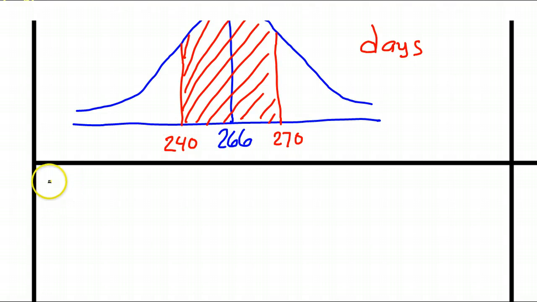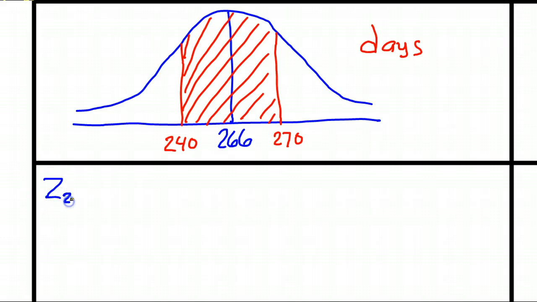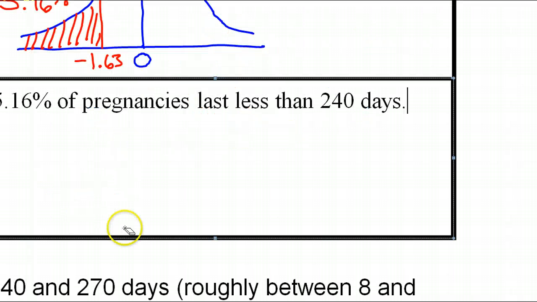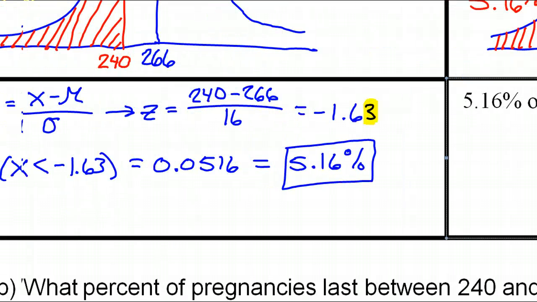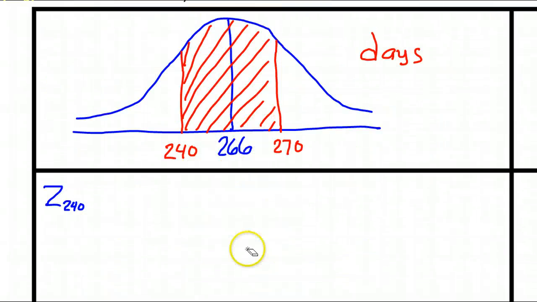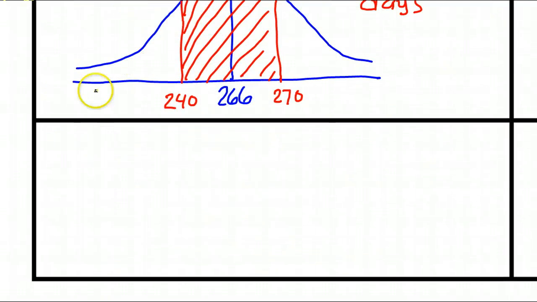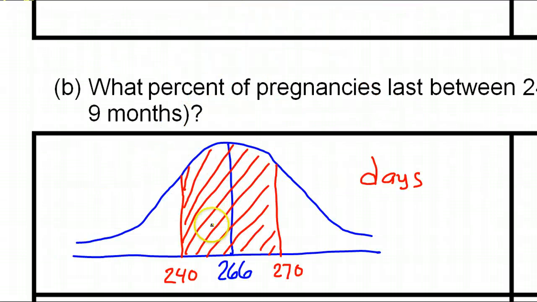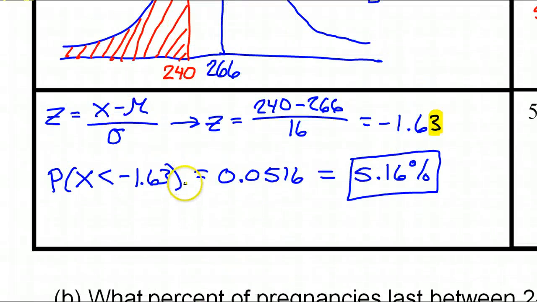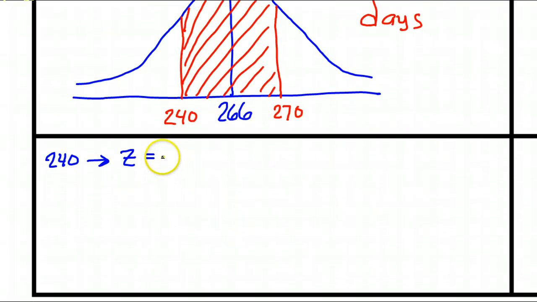I'm looking at a value of 240. This gave us a z-score, and I'm just going to copy it down because we already did it. Remember, 240 came out to be negative 1.63. So I'm just going to copy it off of the other problem.